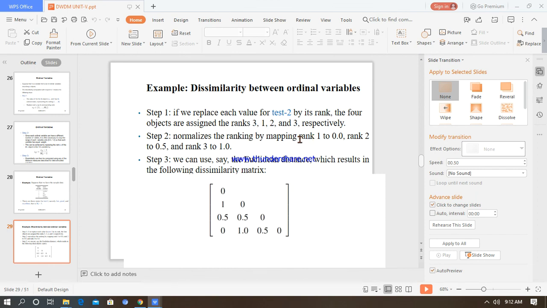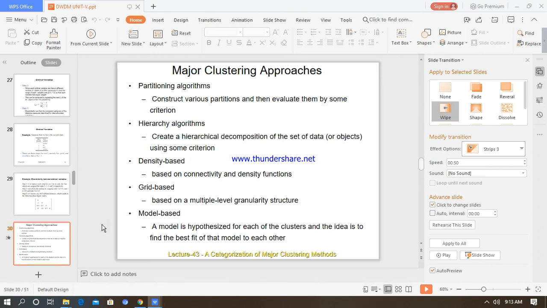Then normalize the ranking by mapping rank 1 to 0.0, rank 2 to 0.5, and rank 3 to 1.0, and we can use, say, Euclidean distance, which results in the following dissimilarity matrix. So like this we can also calculate for ordinal variables. Next one, clustering approaches, which we will cover in the next series of lectures. Thank you.